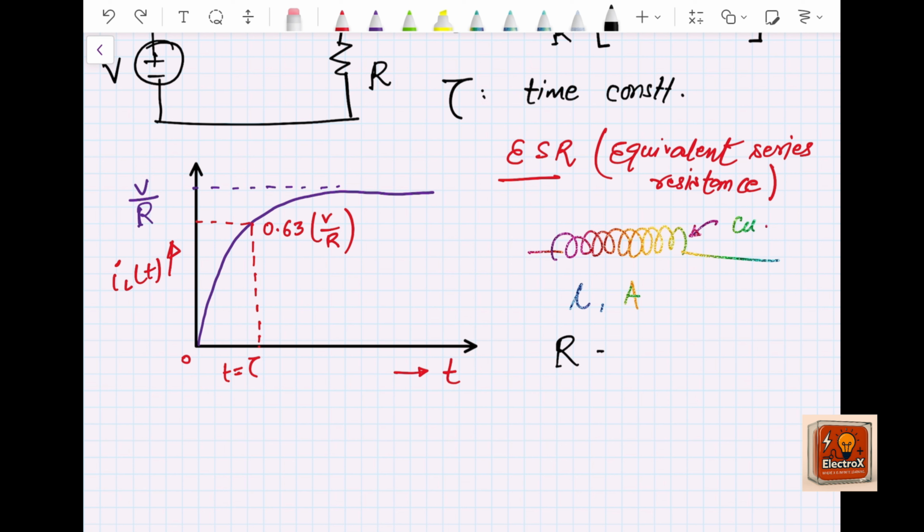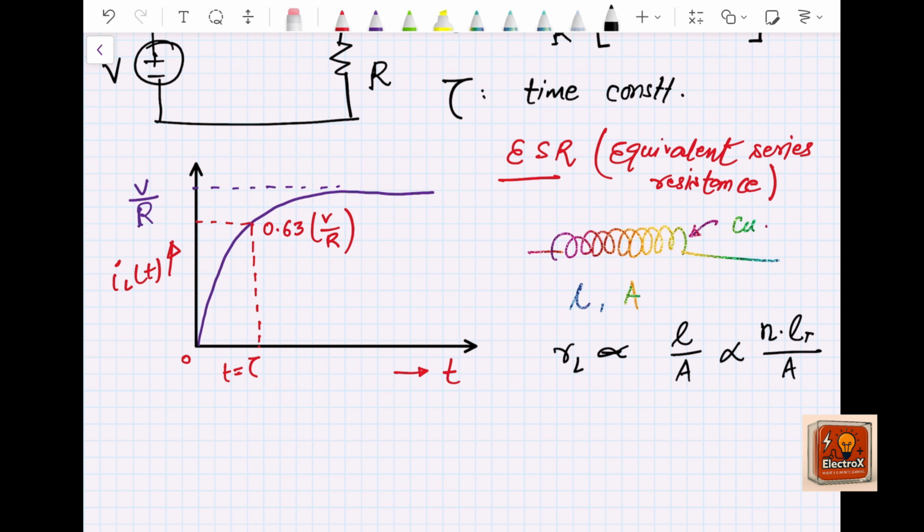Let us call this R_L. It is directly proportional to the length over the cross-sectional area of that wire. That also depends on the number of turns multiplied by the length of one turn, divided by area.